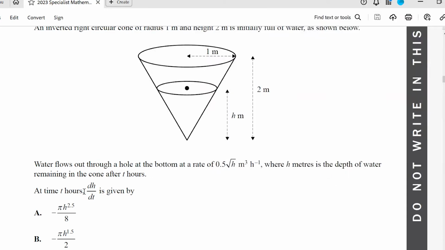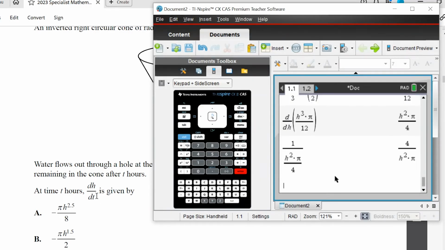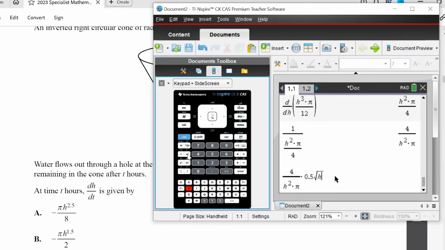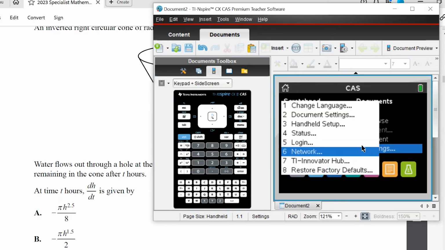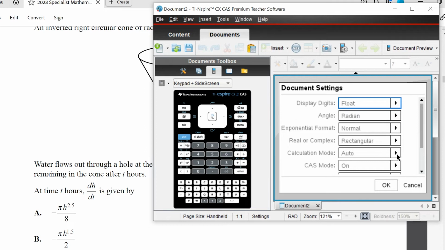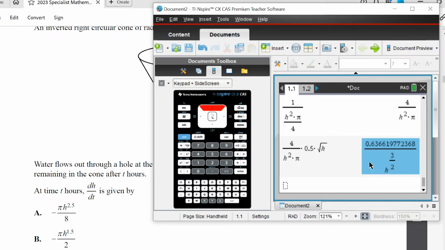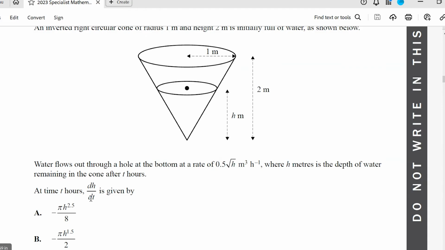What I want is dh/dV, so I'm going to take the reciprocal of that and then multiply by my dV/dt, which was 0.5 square root h. Do it again. Okay, so we get 2 over pi h to the 3 on 2.